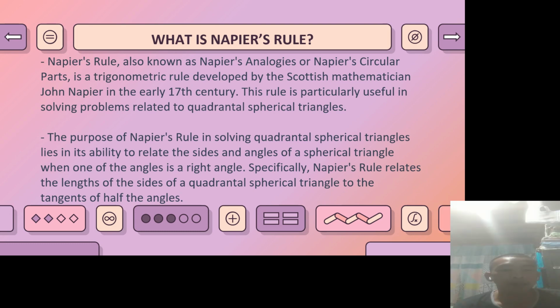The purpose of Napier's rule in solving quadrantal spherical triangles lies in its ability to relate the sides and angles of a spherical triangle when one of the angles is a right angle. Specifically, Napier's rule relates the lengths of the sides of a quadrantal spherical triangle to the tangents of half the angles.